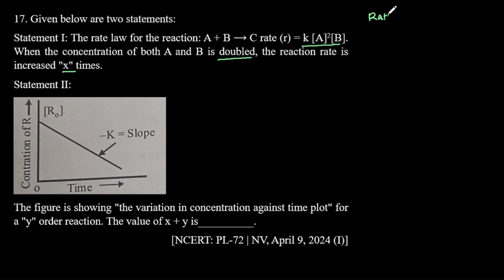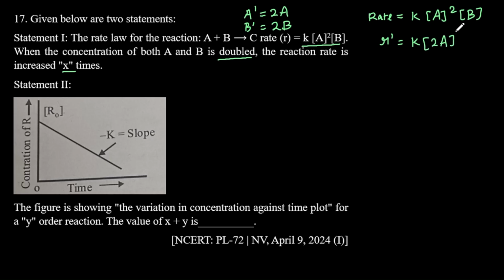So the rate of the reaction is given rate equal to K concentration of A power 2 into concentration of B. If the concentration is doubled, then A dash becomes 2A and B dash become 2B. So the new rate R dash is equal to K 2A whole square 2B. So R dash is equal to K 2 square is 4, 4 into A power 2.